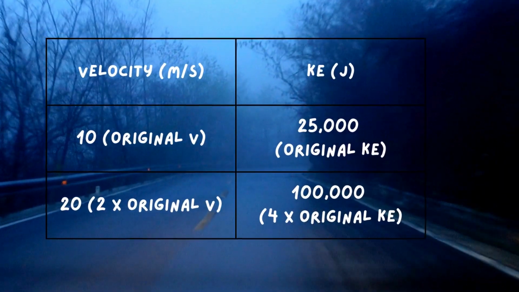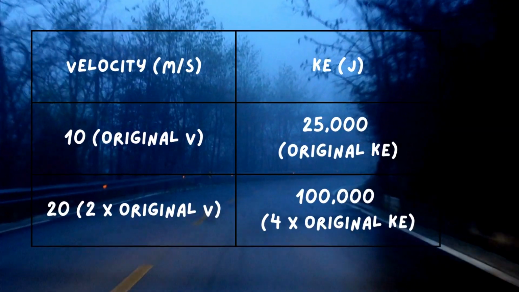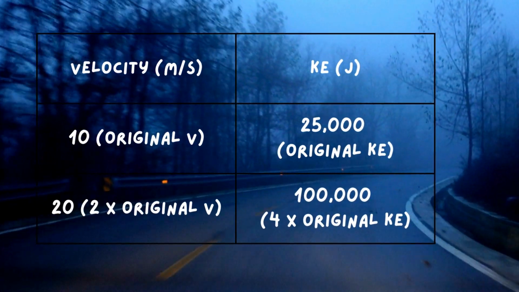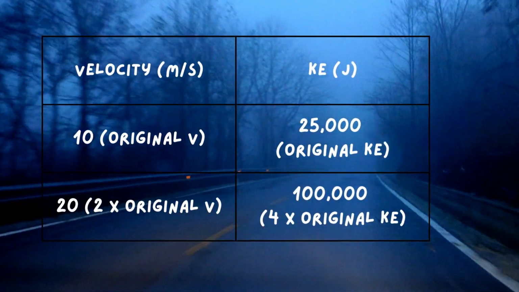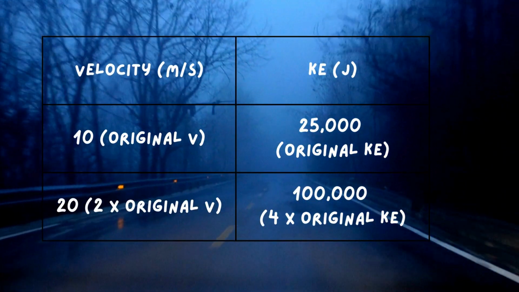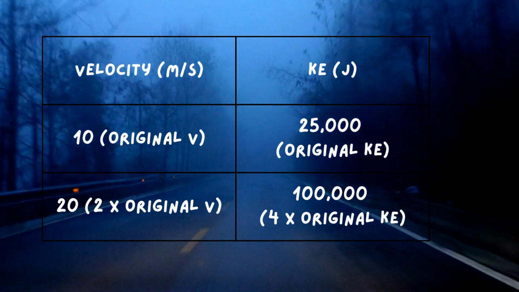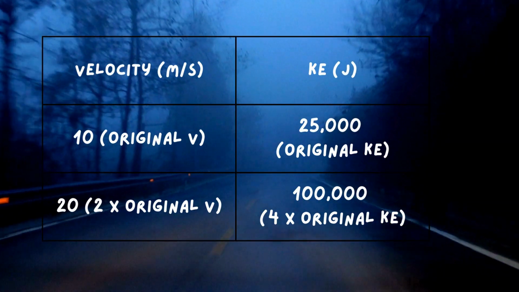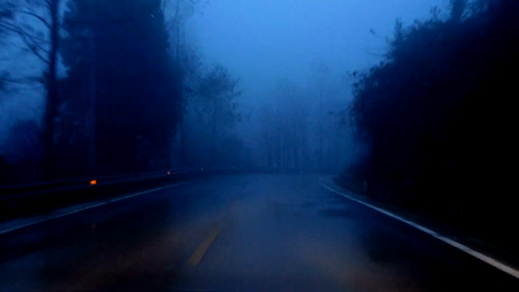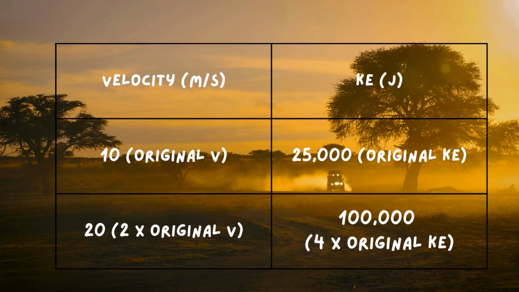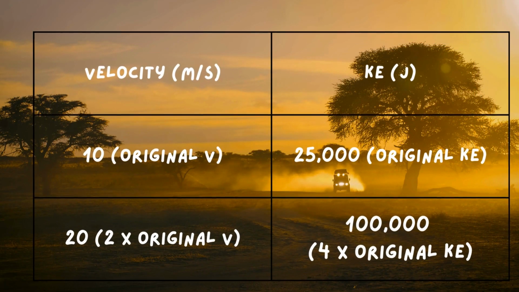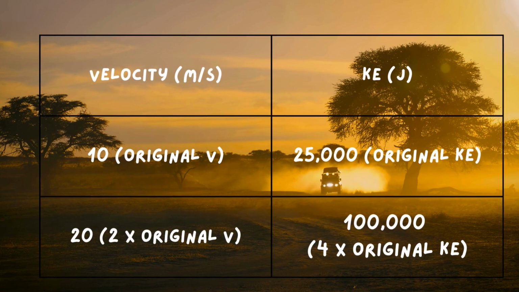Let us see how changing the velocity affects the KE of the vehicle. It is important to look for the pattern of the data in the table. The table has velocity in meters per second in one column and kinetic energy in joules in the second column. When your velocity is 10 meters per second, we just calculated the kinetic energy as 25,000 joules.